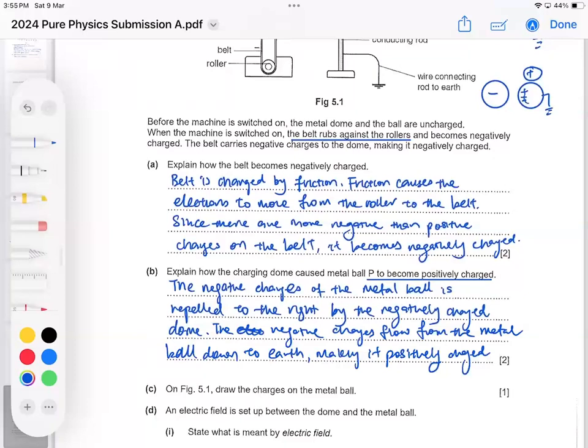So when we mention positively charged, we always want to talk about there being more positive than negative charges on the object. It's something like this.